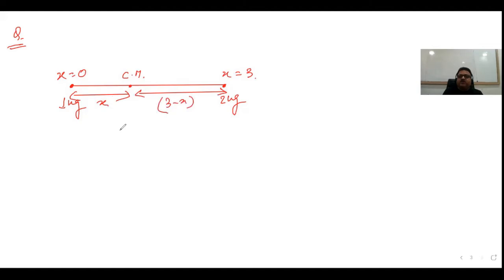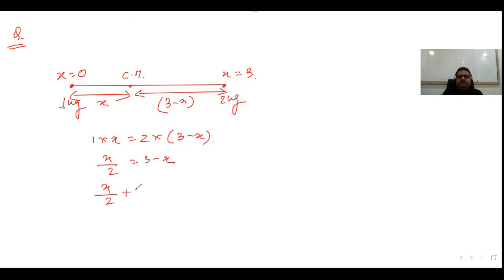I'm going to use that particular formula: m1 into x1, that is 1 into x, is equal to m2 into x2, so 2 into (3 minus x).